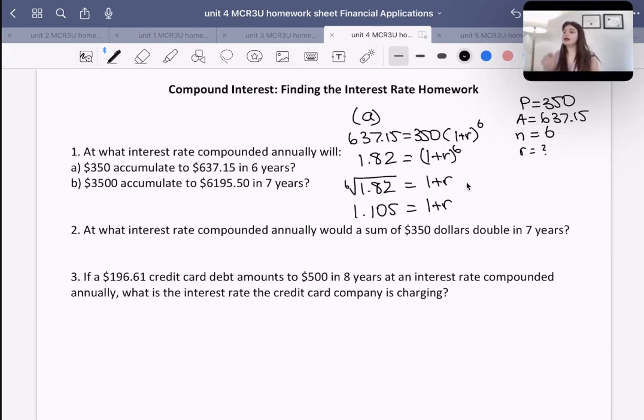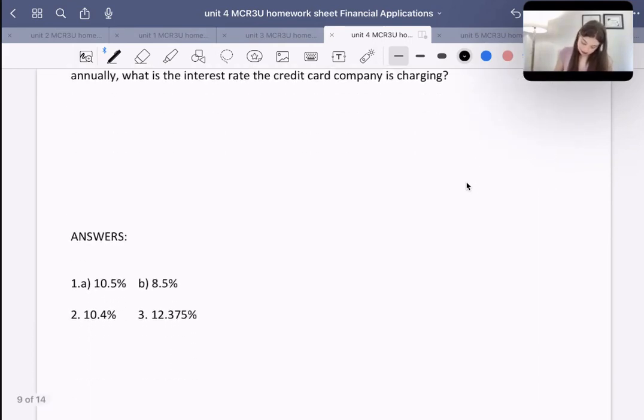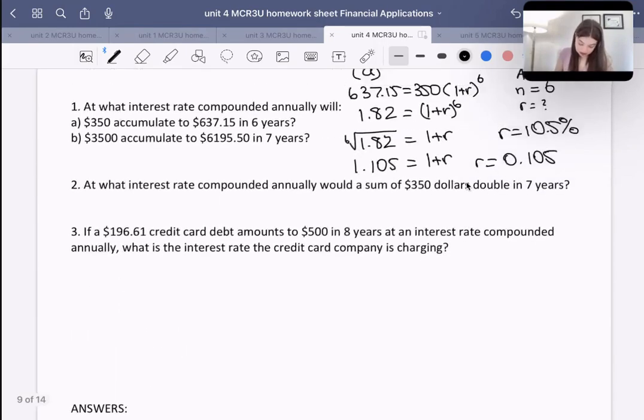If we don't get the same thing back when we take it to that power, then we typed something into the calculator wrong. So if you're unfamiliar with how to use the calculator to do this, just make sure that you check it to be sure. Okay, and then we'll subtract 1 from both sides, and we'll get that the rate is equal to 0.105, which in percentages would be 10.5%. And the answer is indeed 10.5%, so that's good.